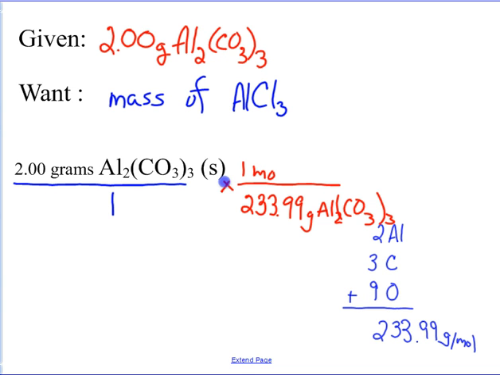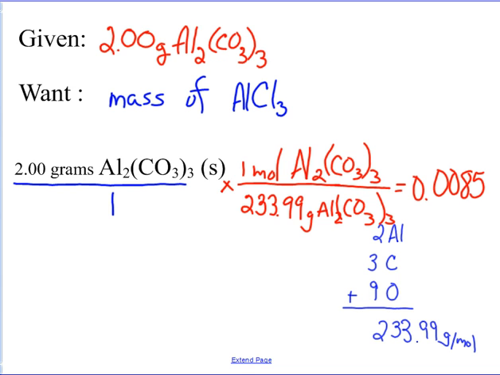Take the time to write the formula of each reactant as well. Performing the calculation gives you 0.00855 moles of aluminum carbonate.